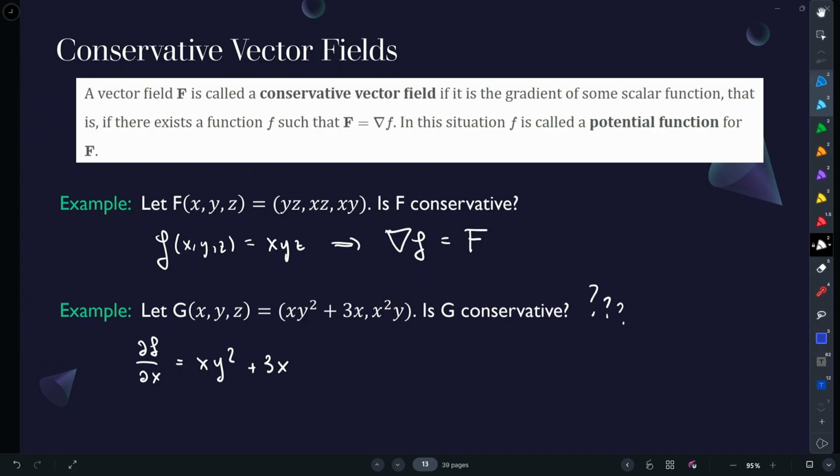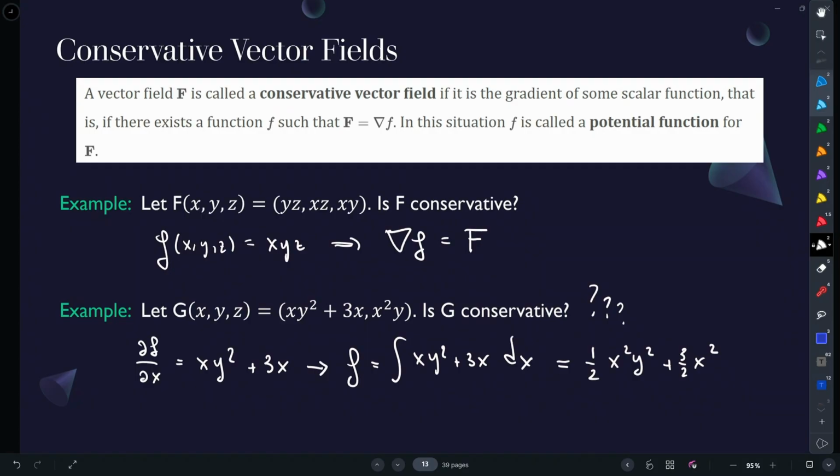So to try to figure out what is f, I do an indefinite integral of x y squared plus 3x. And what that's going to get me is a half x squared y squared plus 3 halves x squared plus a constant.